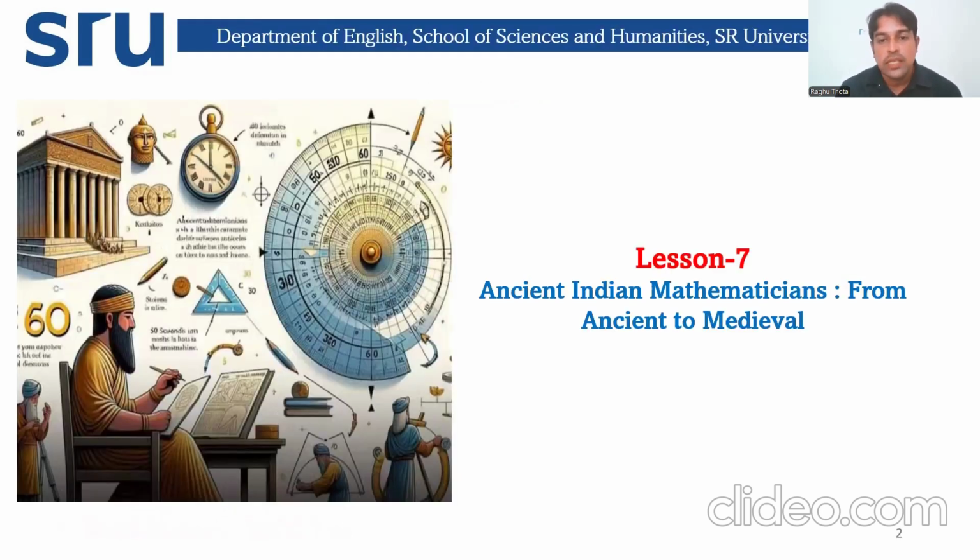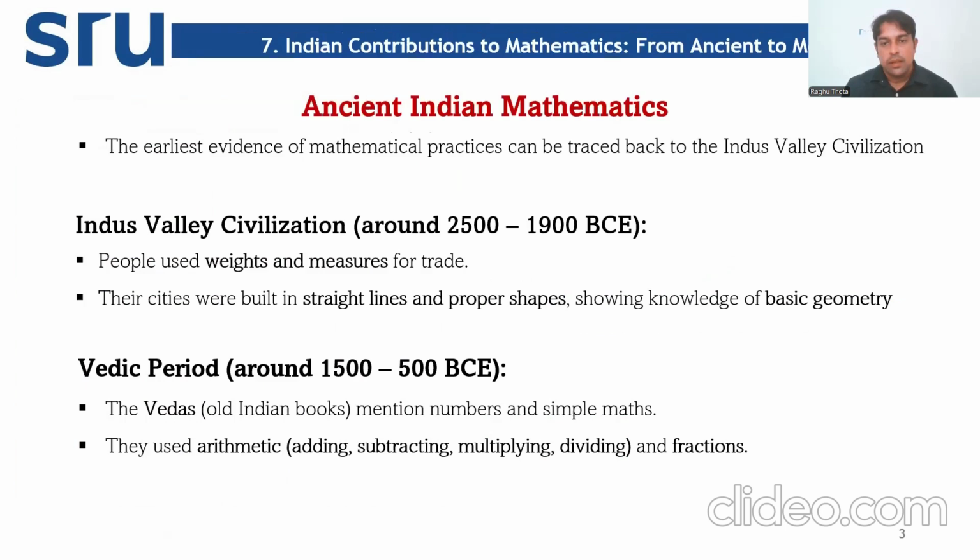Now let's proceed to lesson number 7 with the title Ancient Indian Mathematicians from Ancient Period to Medieval Period. Let us see who are those mathematicians. Ancient Indian mathematics. When it was started, the earliest evidence of mathematical practices have been traced from Indus Valley Civilization.